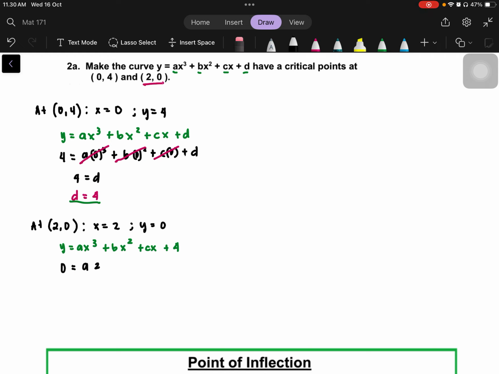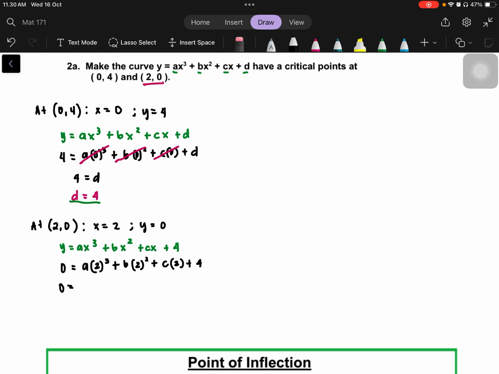Now, substitute lang tayo. Y is equal to 0 is equal to a, ano yung x natin? 2 cubed plus b 2 squared plus cx. C natin na hinahanap, x is 2. Then plus 4. Okay.